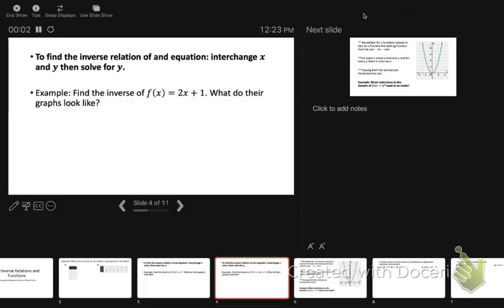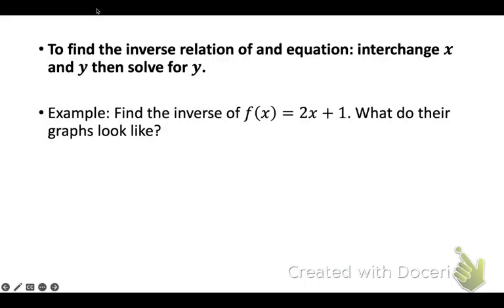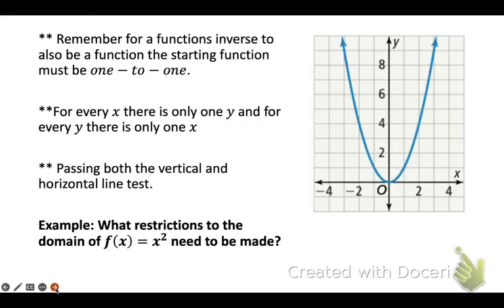Okay, so let's see what else we got to do today. Remember, for a function's inverse to also be a function, it has to be 1 to 1. You might want to write this down. So for a function's inverse to also be a function, the starting function has to be 1 to 1.